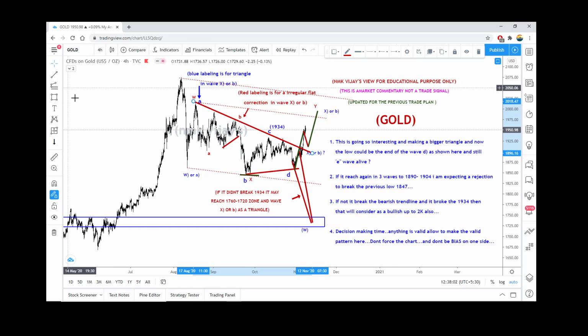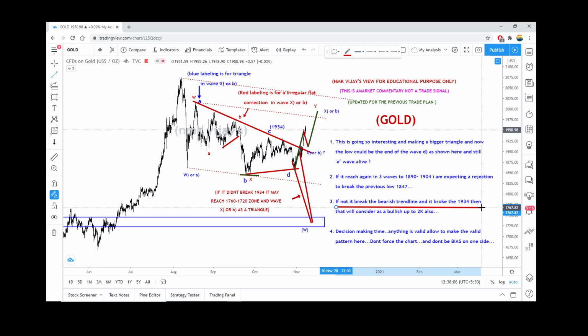Yeah, here it is there. If it not break the bearish trend line, and it broke that 1934, then that will be considered as a bullish up to 2k also.